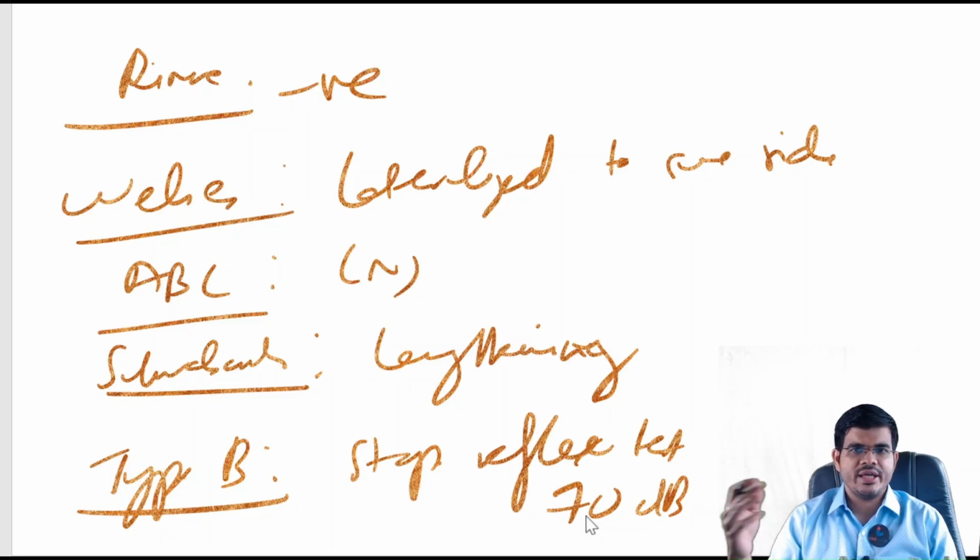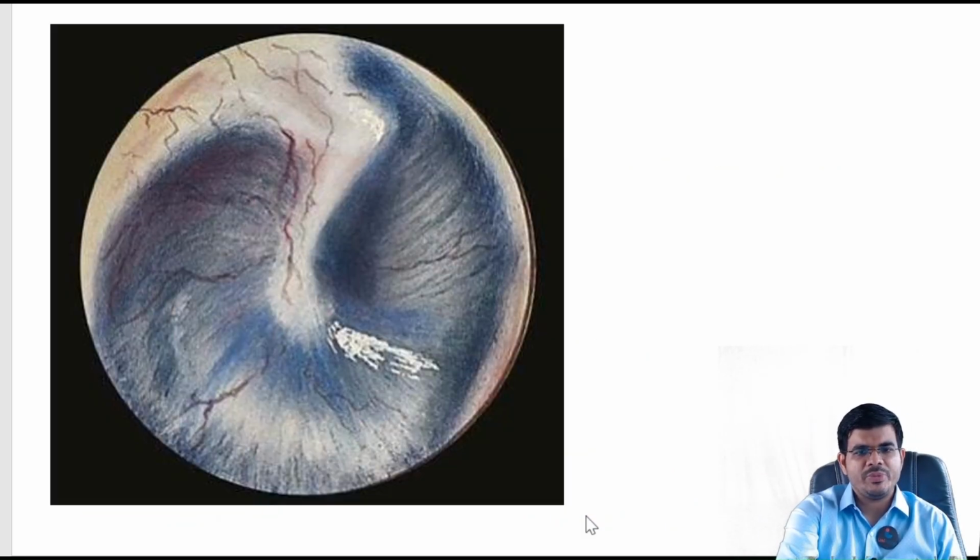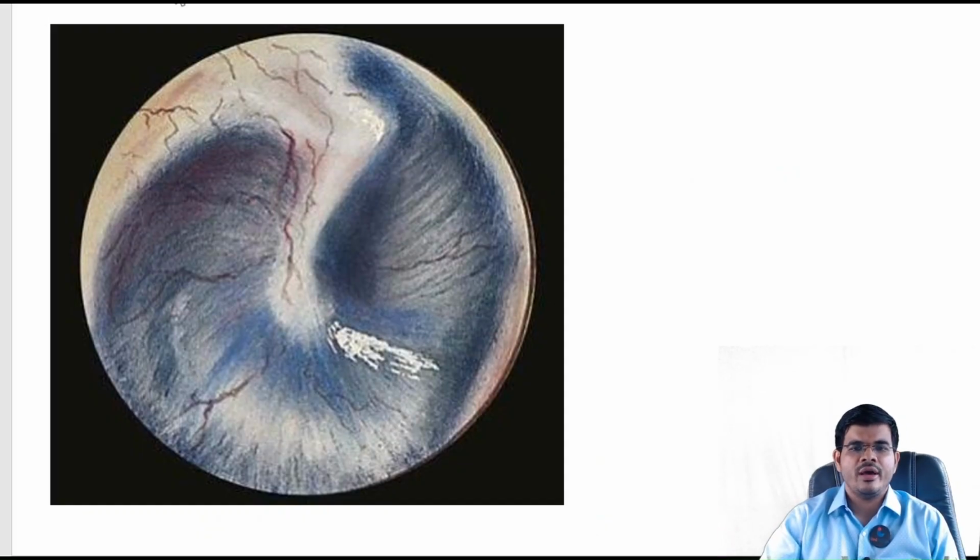Okay, so these are the tests which we do to diagnose a case of otitis media with effusion, but it is a clinical diagnosis, and many times you will be able to see a blue drum. If the secretions within have transformed into glue, it might even appear blue.